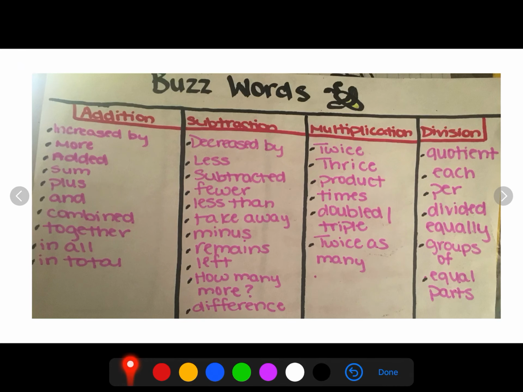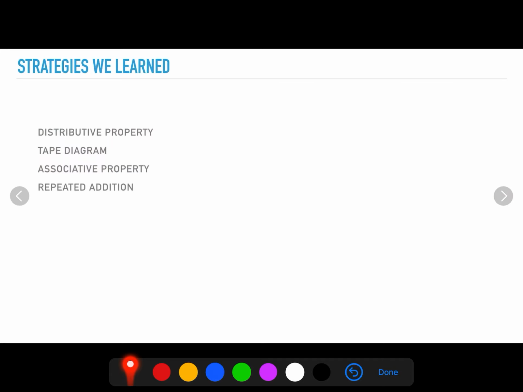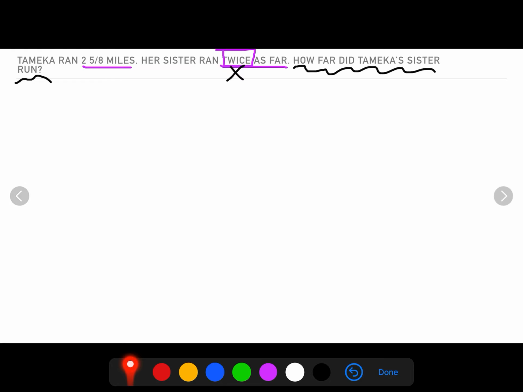If I look back at my buzzwords chart, twice is under the multiplication category. Twice means 2 times. So I know how far Tamika ran. I just need to figure out how far her sister ran. Let's put an S for sister. If her sister ran twice as far as Tamika, what is going to be my multiplication equation in order to solve for her sister's total distance?